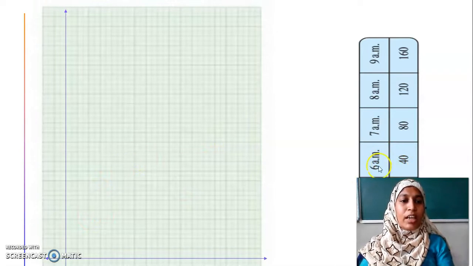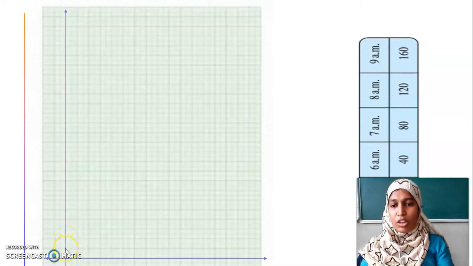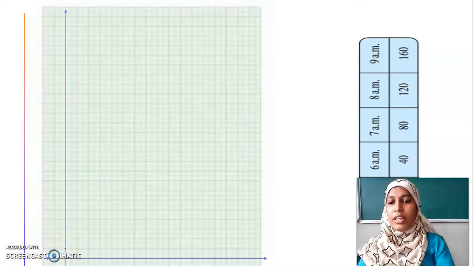Time in hours. At 6 a.m. it is 40. At 7 a.m. it is 80. So along the x-axis you can have time, along the y-axis you can have distance. First box you can have, I will leave two boxes and place, or one box. It all depends how you design.